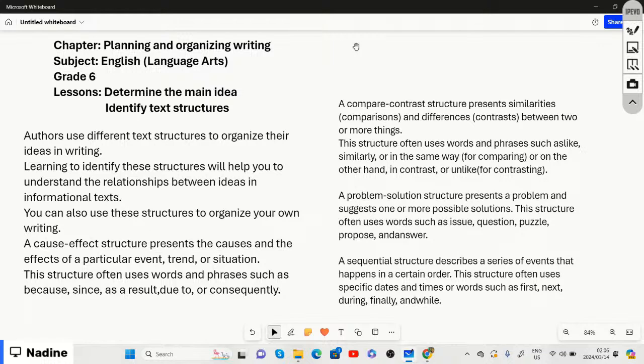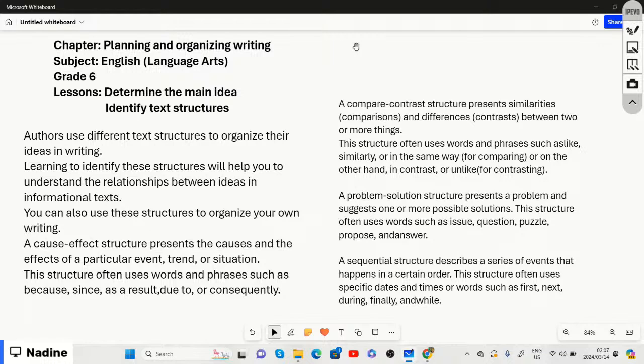So when it comes to planning and organizing writing, it means that we need to determine what the main idea is within a text, within a story. And then we also have text structures that we need to identify.